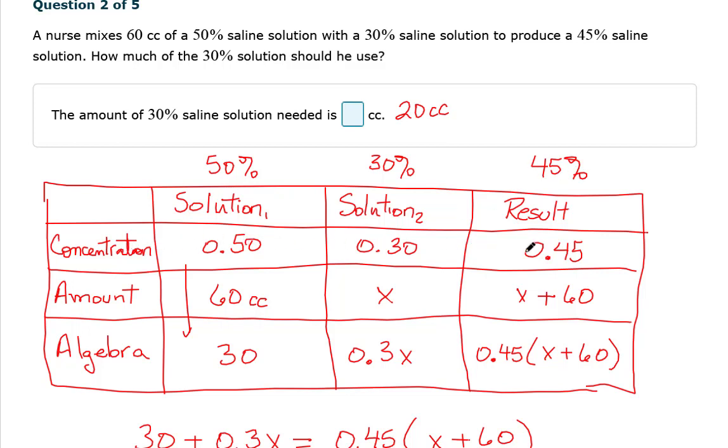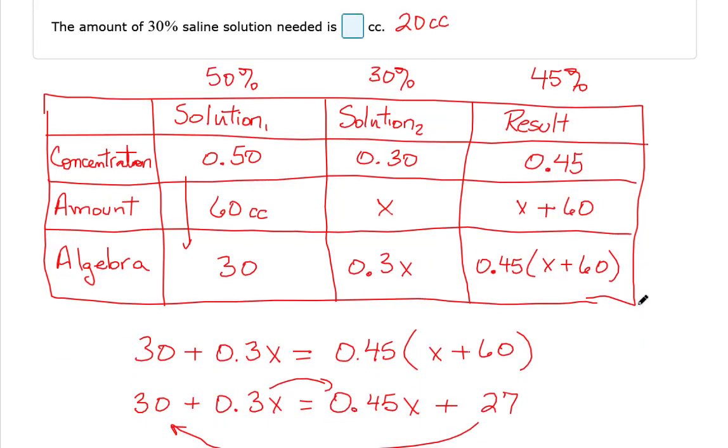Make a row of your concentrations. Make a row for the amounts. 60, I don't know how much, and the result is x plus 60. I do the algebra. Now, how do we do the algebra again? Well, we simply multiply downward.